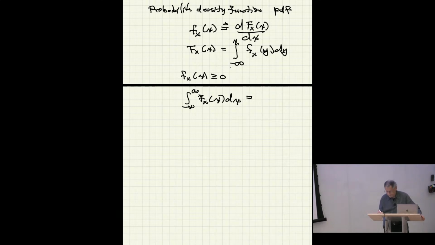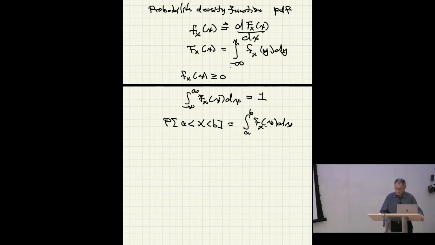That's right, it's 1. It's all the probability. And similarly, the probability that x lies between a and b is just the integral of the density from a to b, little f sub x of x dx. Again, this is for a less than b.